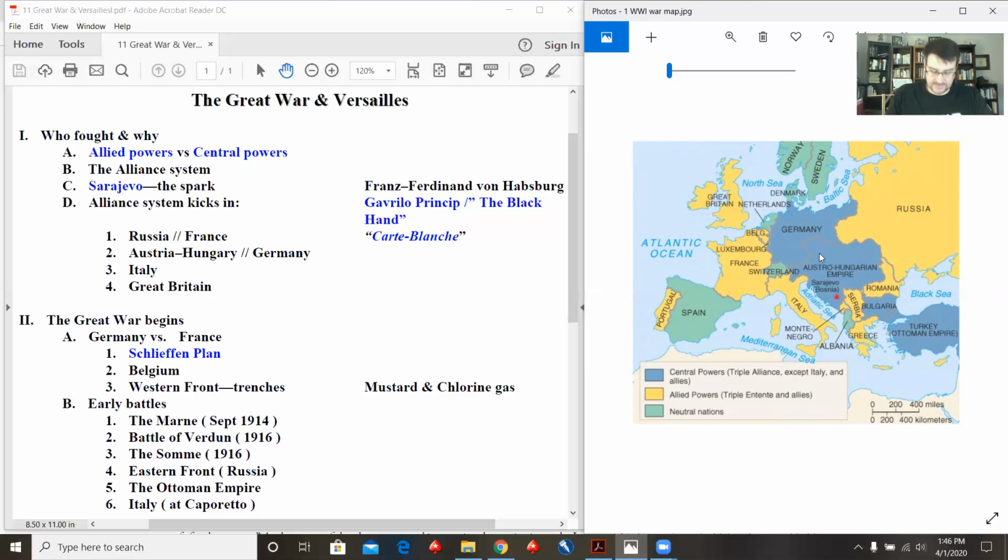Italy joined this alliance in 1882. So right there, we have formed one side in the war, the so-called Triple Alliance, called the Central Powers, because they're in Central Europe, right? Germany, Austria-Hungary, Italy, right down the middle of Europe. The terms of their alliance is very simple. If any member became involved in war with two or more powers, the others would come to their aid.